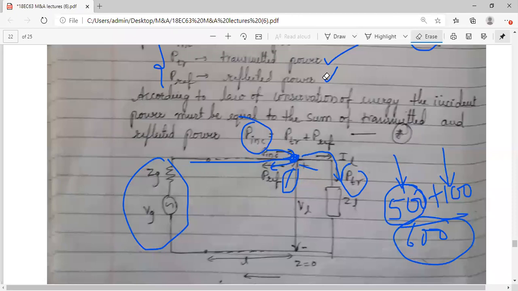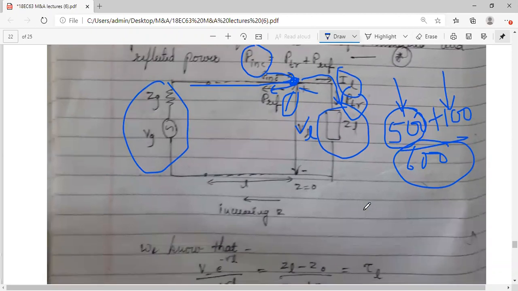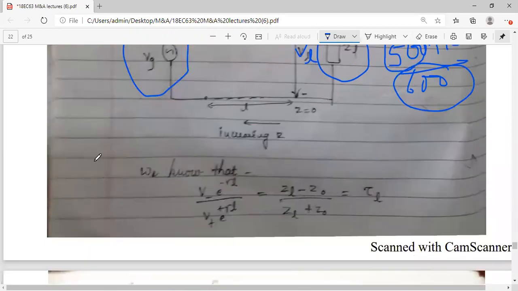Okay, so if you understand this particular circuit, it is easy for you to get the equation for capital T. Okay, this is the load ZL, VL is the voltage at the load, and IL is the current at the load. So if this is the circuit which we consider, let us derive the expression.